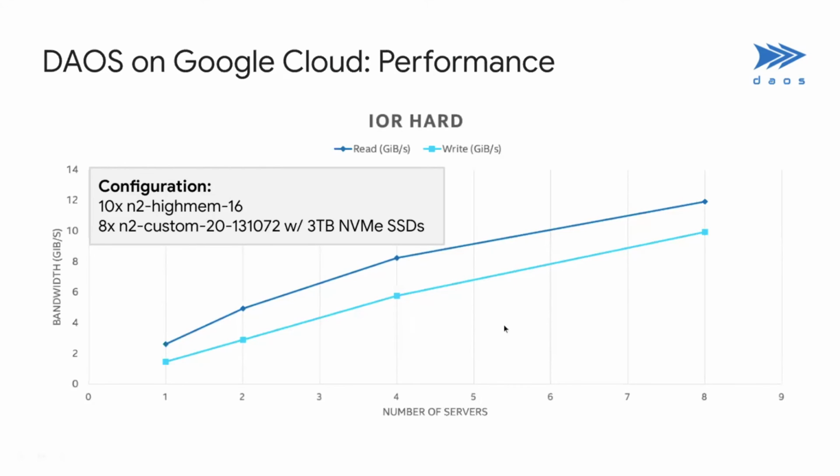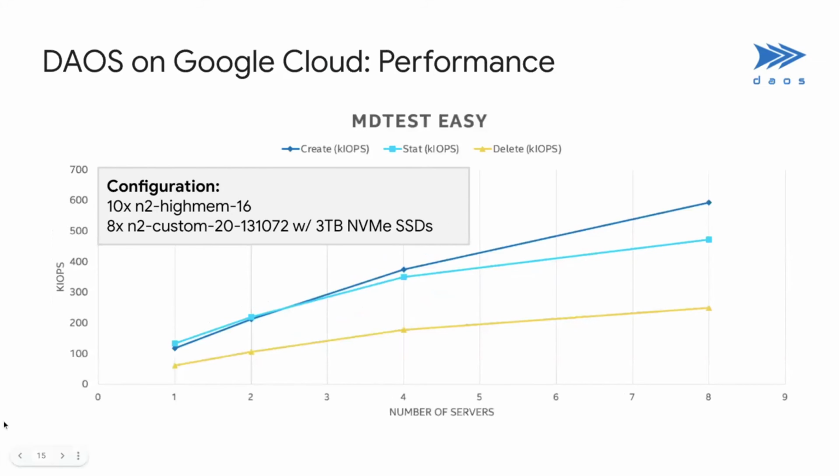Let's move on to the next slide, please, to MDTest. So now we have MDTest Easy and then MDTest Hard. So in terms of creation rate, we're able to reach with those 8 instances 600K IOPS for empty file creation. Stats should have been slightly better. Usually we have stats slightly above create.